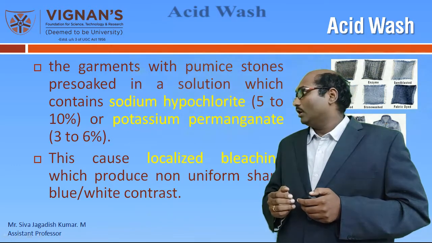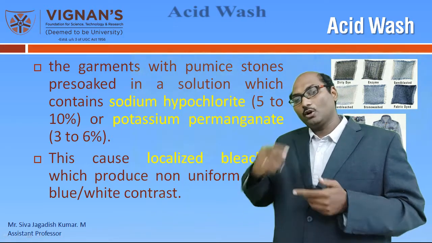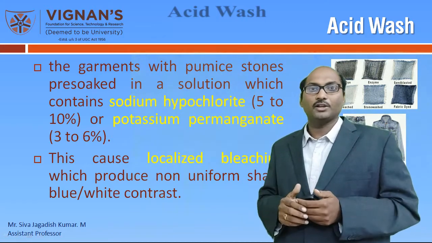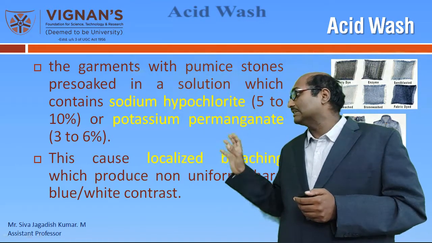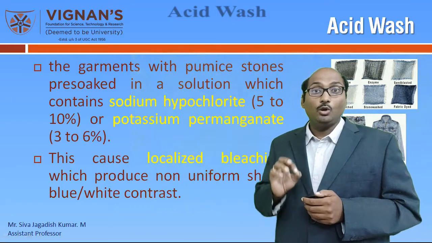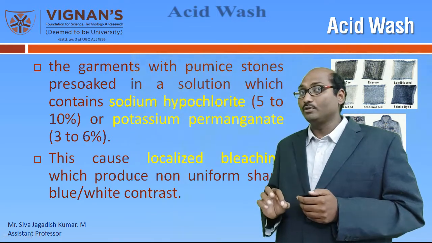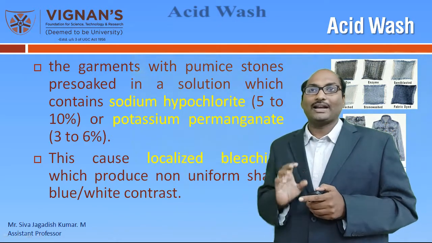These pre-soaked pumice stones are loaded and tumbled with the denim garments. This causes localized bleaching, which produces non-uniform, sharp blue-white contrast areas.